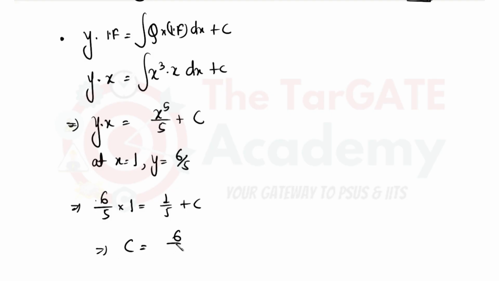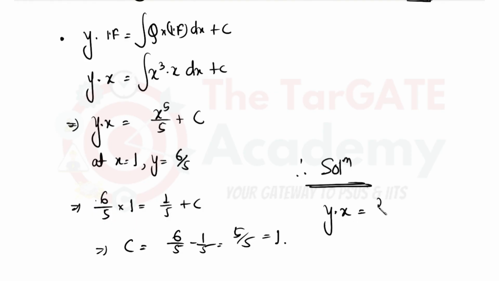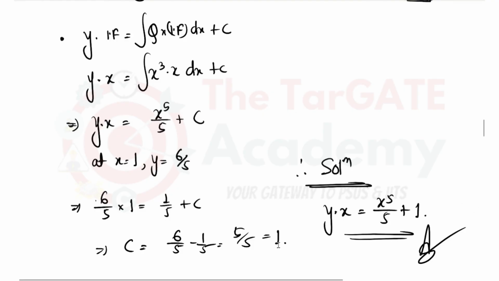So c is equal to 6 by 5 minus 1 by 5, I'll have 5 by 5 which is equal to 1. The value of c also came. Therefore, the solution is y into x is equal to x to the power 5 by 5 plus c, and c is 1. This is your answer. Am I clear, all of you? Yes or no?